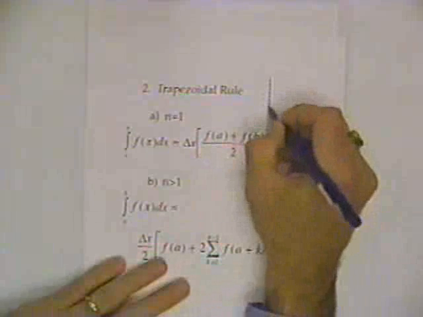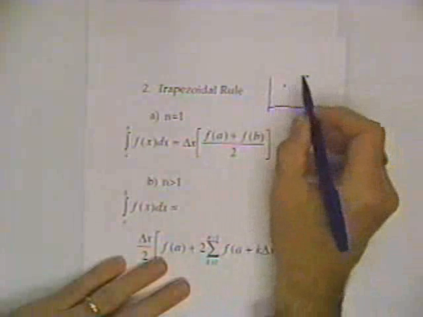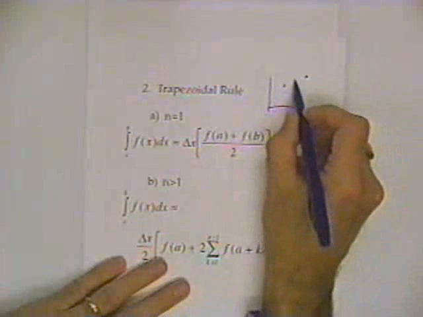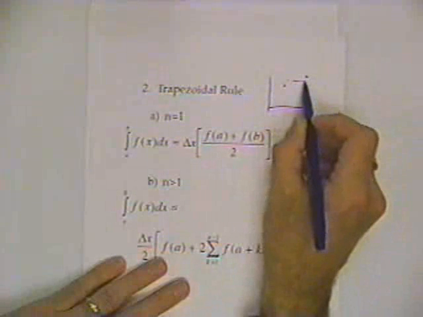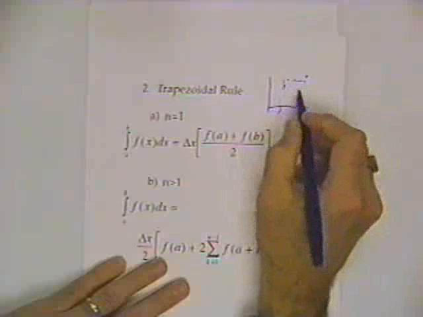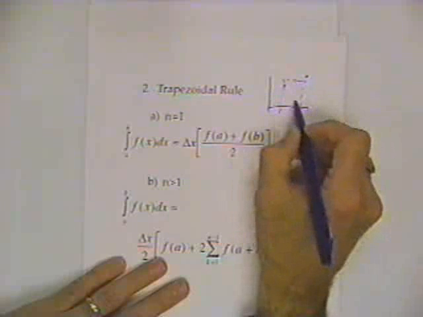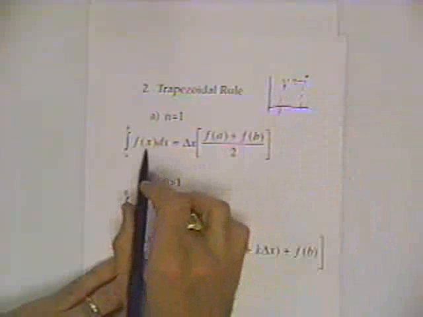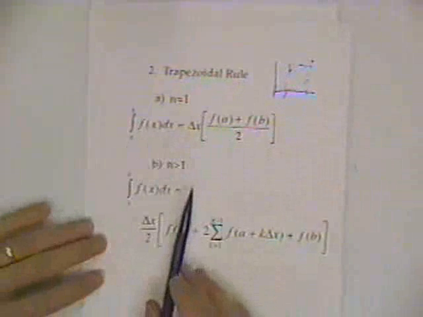So here we're trying to determine the area under the curve given 2 points, and what's done is to, in effect, calculate the average point and use that average value of the function over that interval to estimate the area. So you take that average value of the function, multiply it times delta x, and use that to estimate the interval.